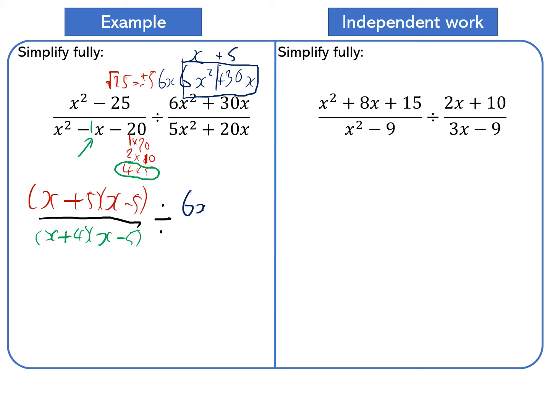So we get 6x bracket x plus 5, all divided by, and we consider this. Again, I'm going to box what goes in both, 5 and x. 5x times x is 5x squared, 5x times 4 is 20x, that's a positive. Let's place that in.